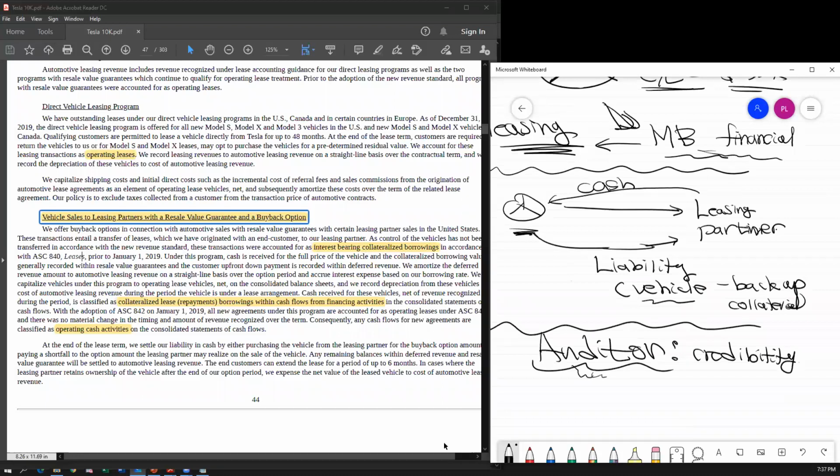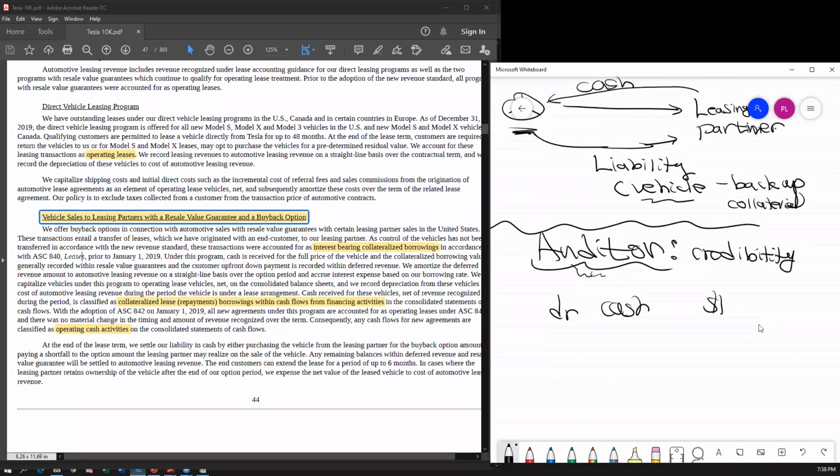This is just a brief discussion, but based on the reading, my impression is this: since the company is receiving cash, you are debiting cash by some amount, and crediting a liability. I don't know the exact accounting item because I don't work for Tesla, but some liability account by the dollar amount. This is what we're going to be recording.